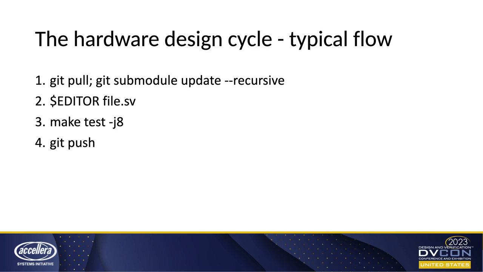So maybe in your makefile you have a target called test, and you do make test, and you can build and run your simulations. And if you're lucky, you have a beefier computer, so maybe you can parallelize that across multiple threads with -j. And then finally, you git push at the end of it to share that with others, right? Pretty simple, pretty typical compile flow, right? But it leaves a lot on the table.